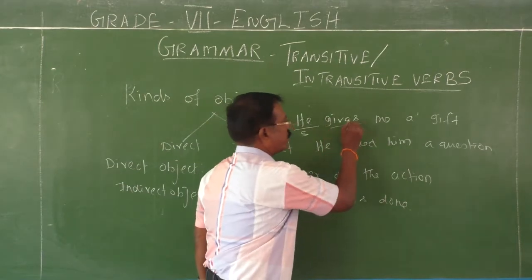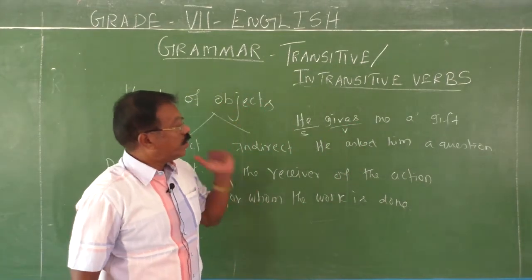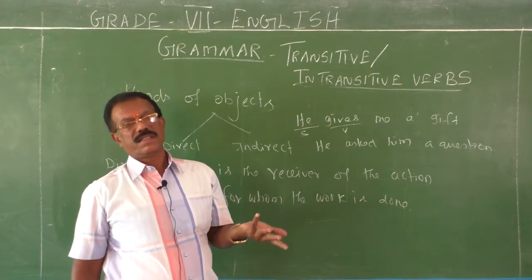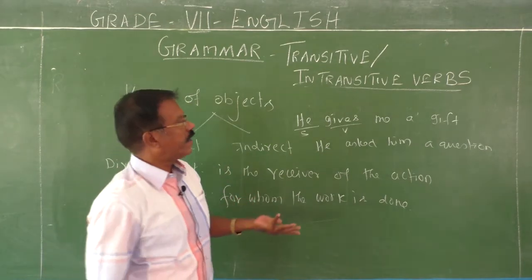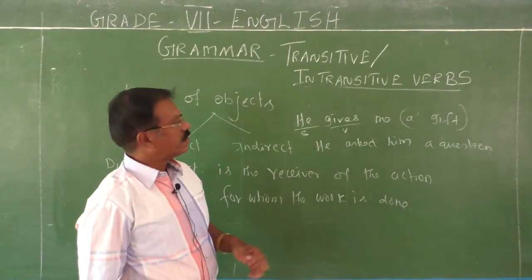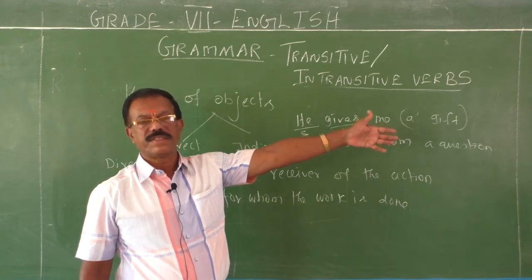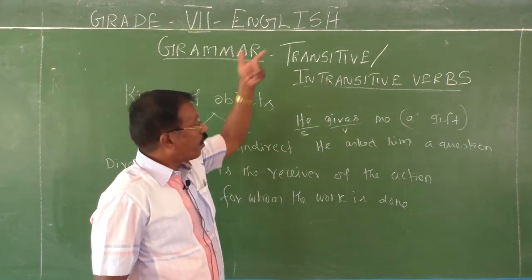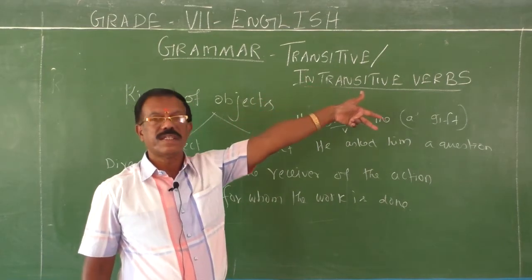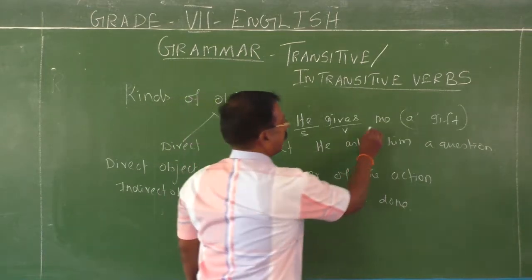Gives is the present form of the verb. He gives what? If you ask that question, then immediately you will get the answer, a gift. So that is the direct object. And the next, for whom it was given, to whom it was given, me. So it's an indirect object.